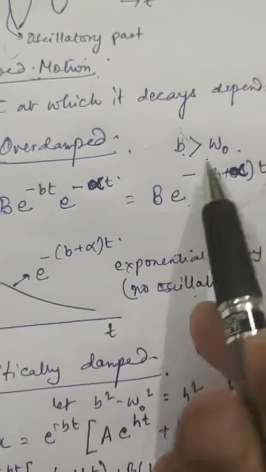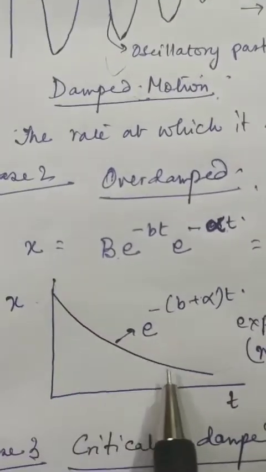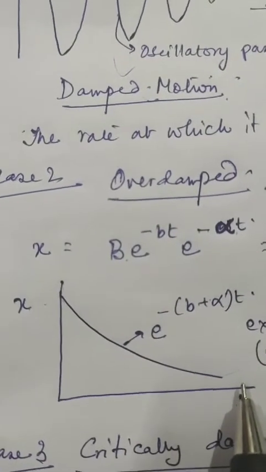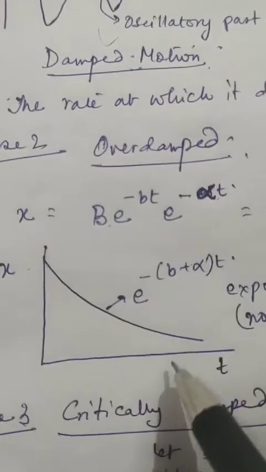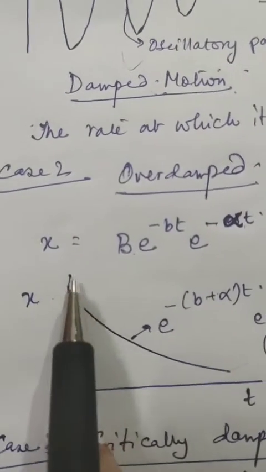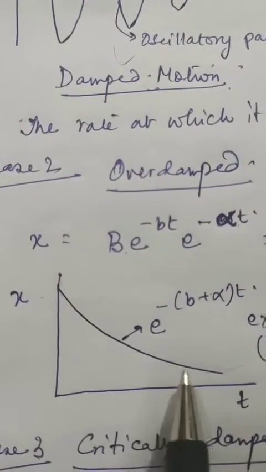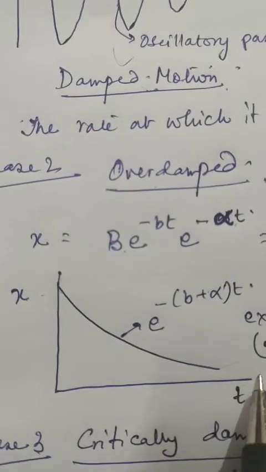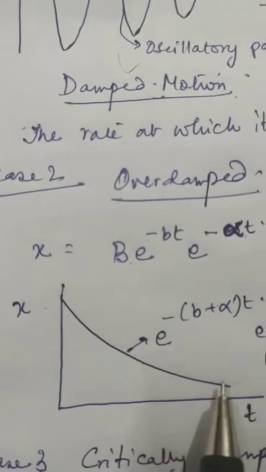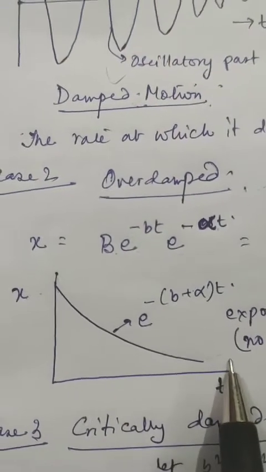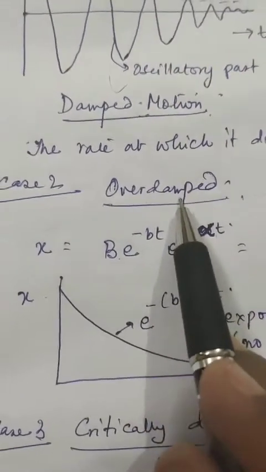This is the mathematical form of it. This will slowly come to the equilibrium position as time increases, but there is no oscillation. You can see there is no oscillation. The displacement reduces to 0 at, let us say, time infinity, but it will slowly reduce to 0. So this is overdamped motion.